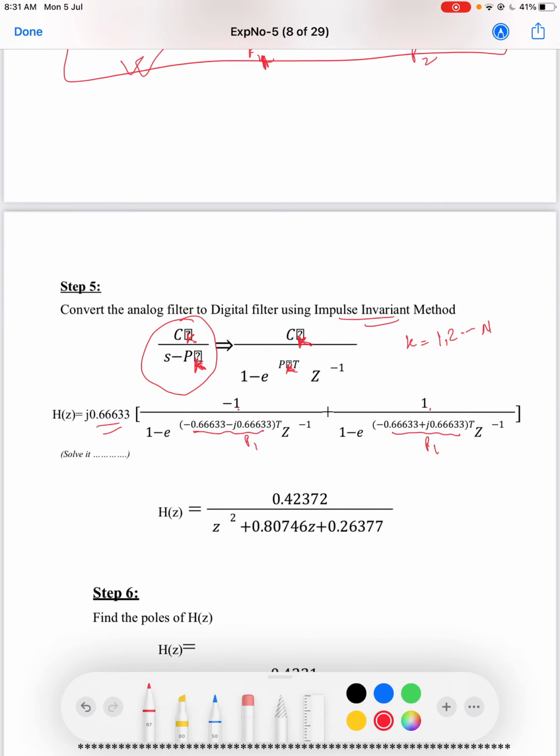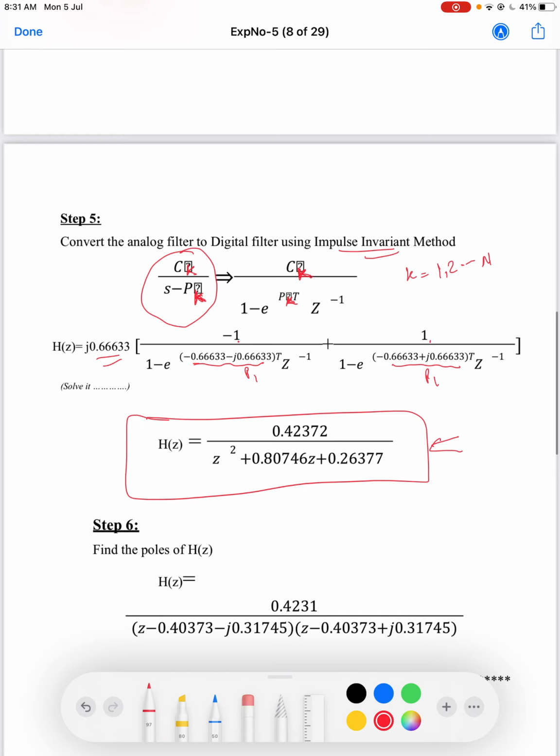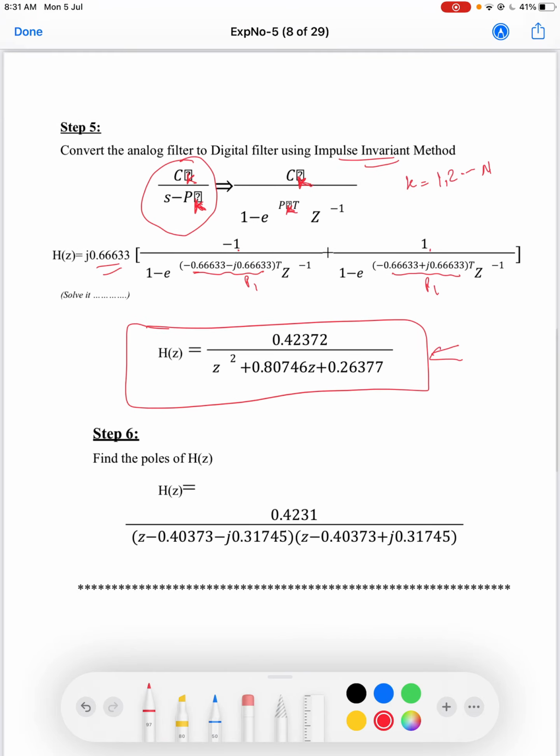Kindly solve it, and you'll get a generalized digital filter of this form. You can find the poles for this also, using H of z equal to this. So this is a transfer function in one form and this is in another form. So we're done with the calculations.